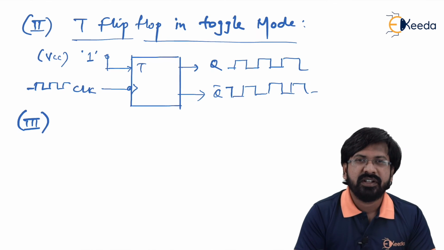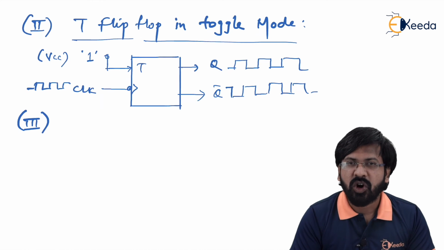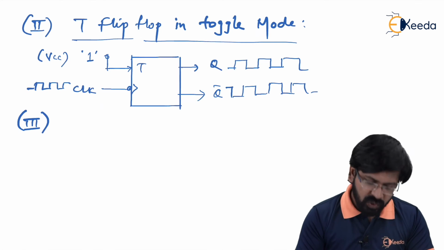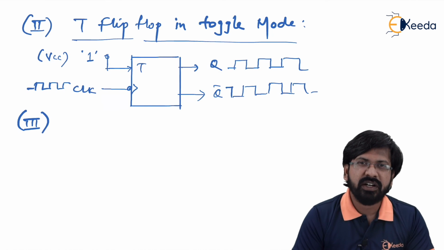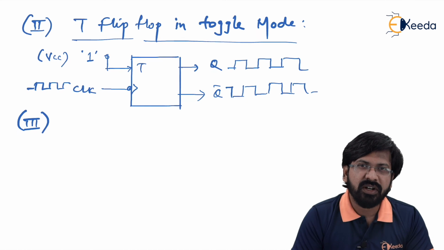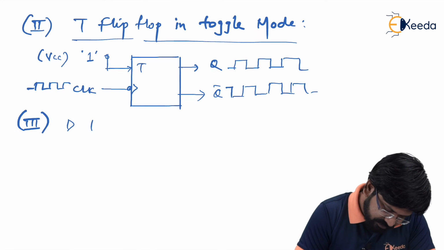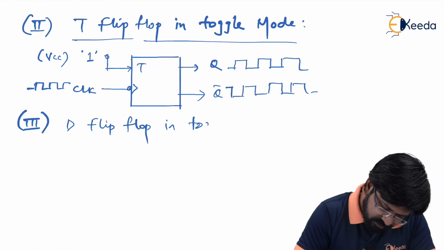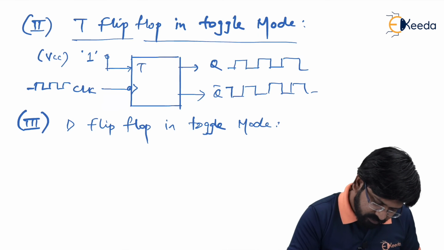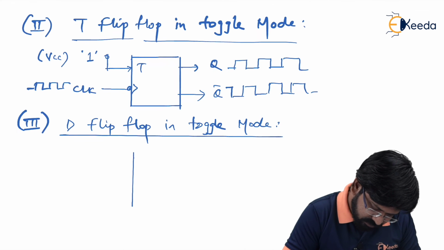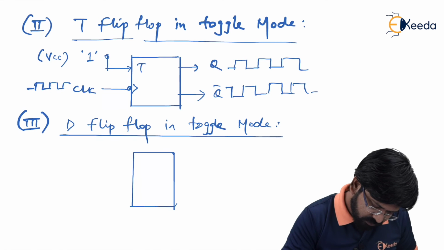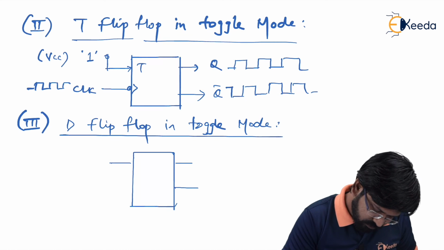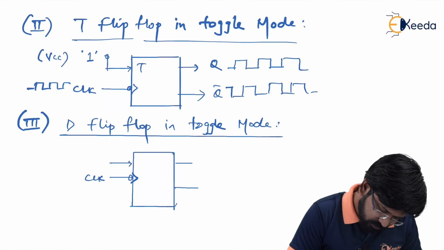If you remember the behavior of the D flip-flop, it actually copies the status of D at the output, right? So every time whatever D you give, it just comes at the output. So one may wonder how the D flip-flop can be used in toggle mode. This is what we have to see. So these are outputs Q and Q bar.